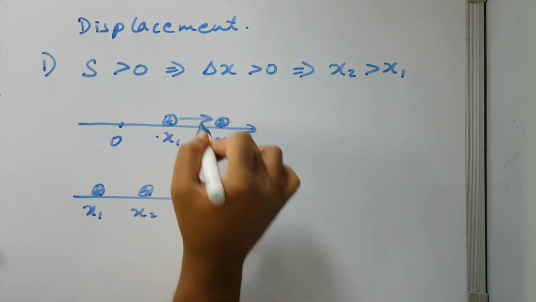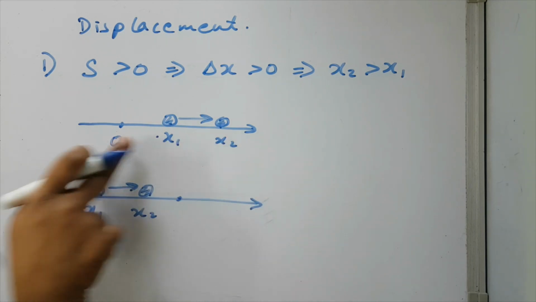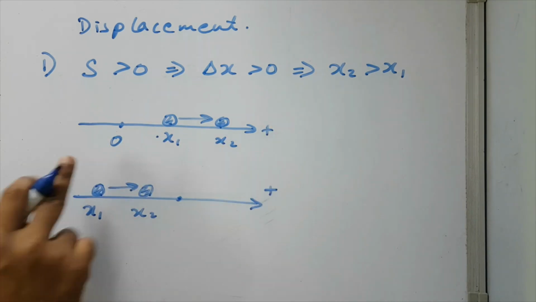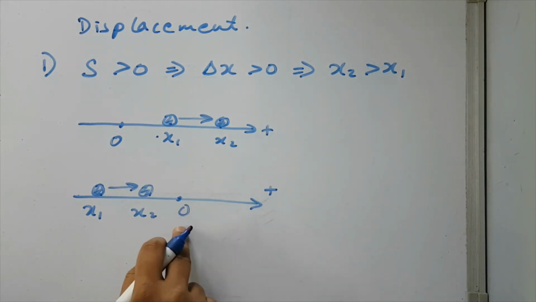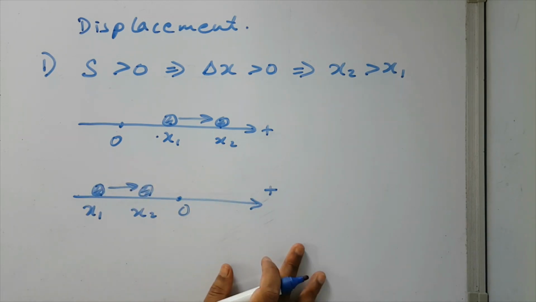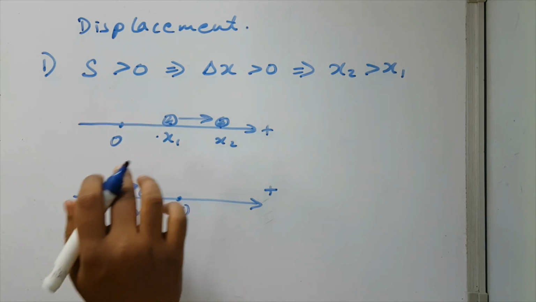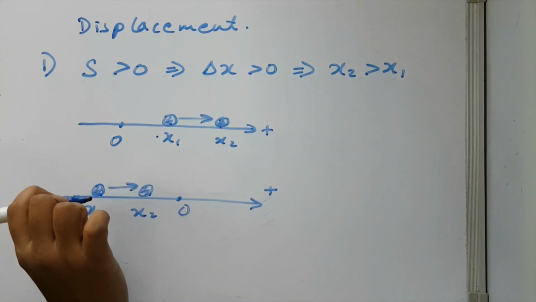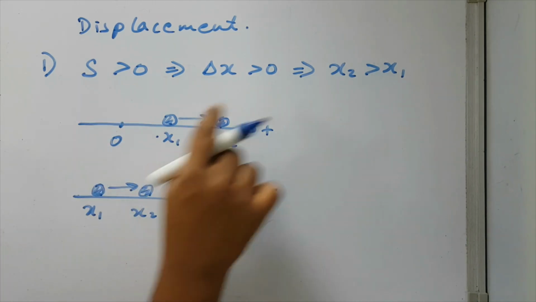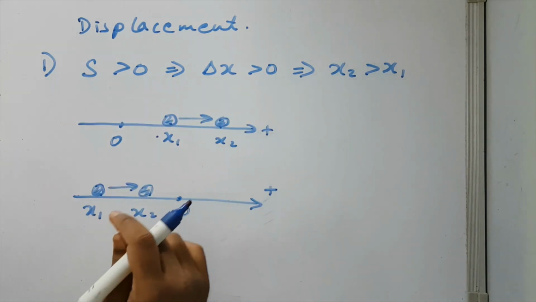The displacement is always towards the positive direction. This is the origin. It doesn't matter where the initial position of the particle is, as long as the particle is moving towards the positive direction. So that basically implies displacement is positive.